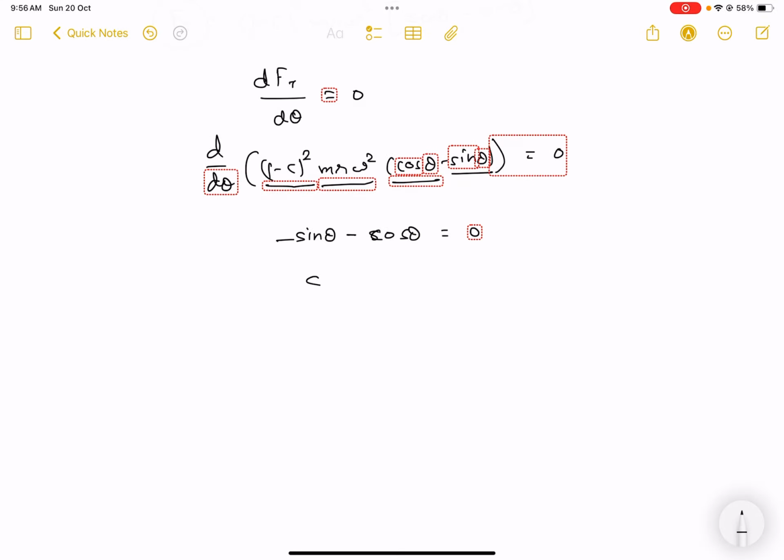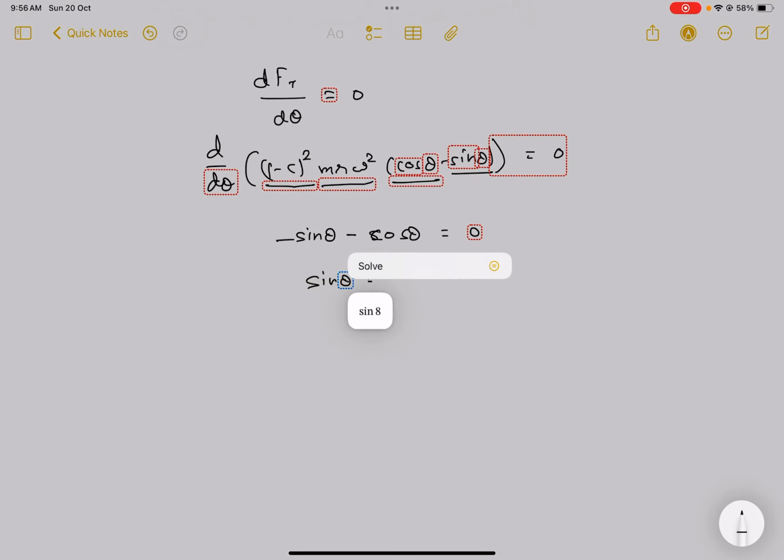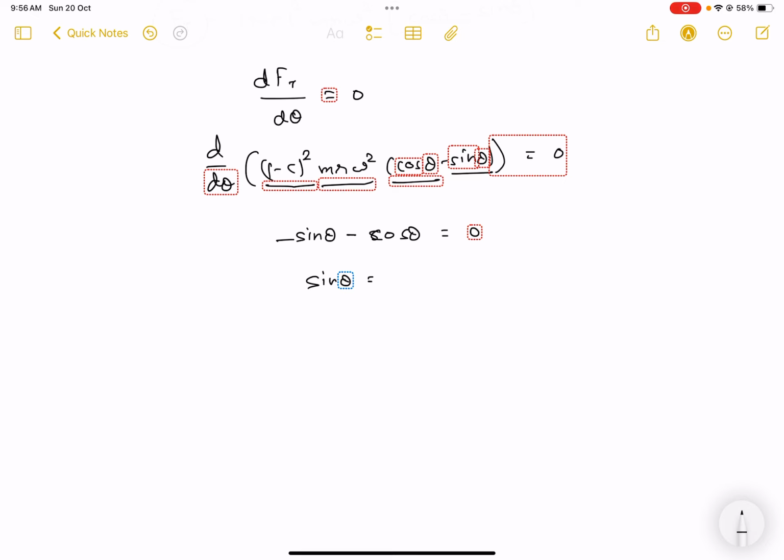Now, to simplify, sin theta plus cos theta is equal to 0. So sin theta is equal to minus cos theta, and dividing by cos theta, tan theta will be minus 1.